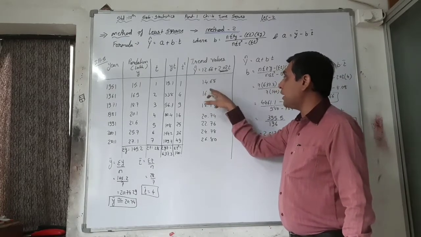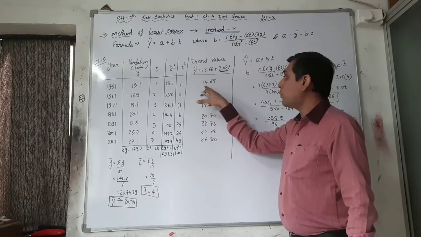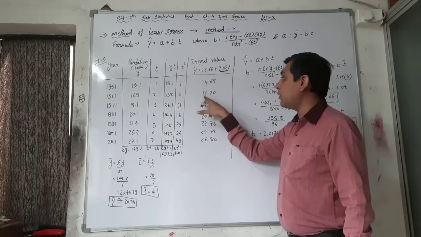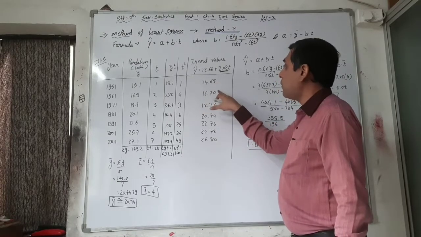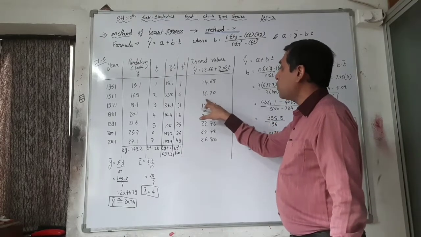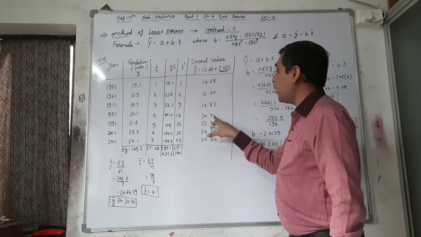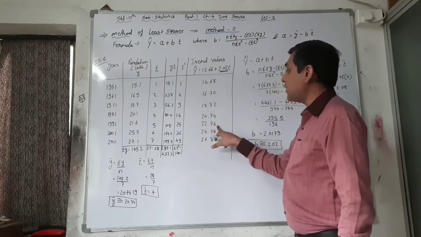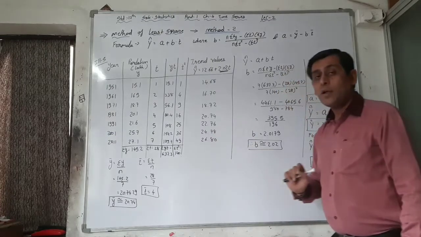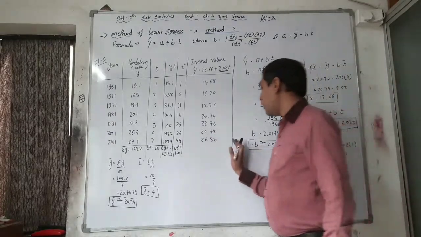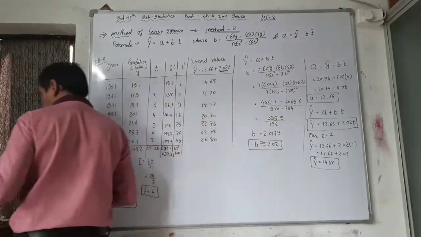So 14.68 plus 2.02: 14 plus 2 is 16, and 68 plus 02 is 70. So now 18.72, 20.74, 22.76, 24.78 and 26.80. These are the trend values.